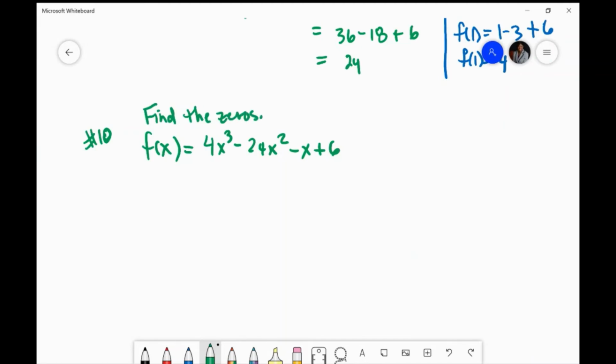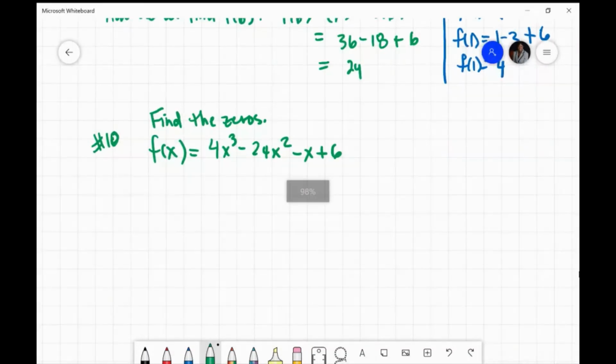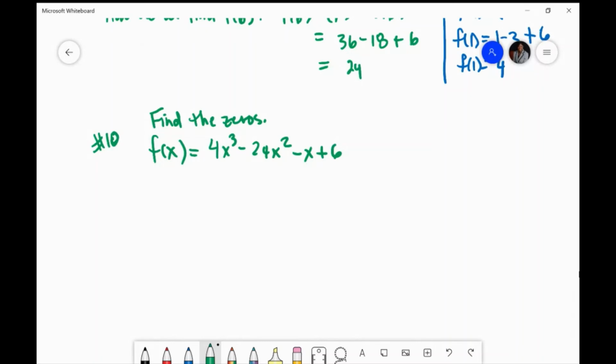So to find the zeros, what do we do first? You have to factor the GCF. Well, tell me what to write first. So I'll put 4x cubed minus 24x squared minus x plus 6 equal to 0.